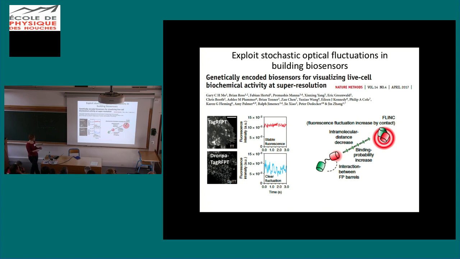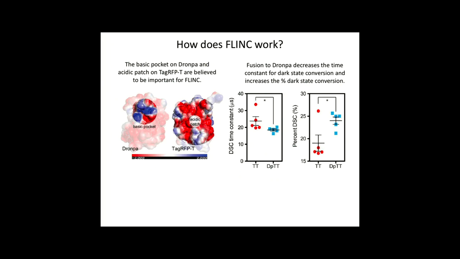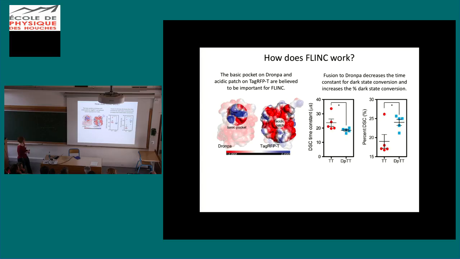So how does this happen? They postulate that there's an interaction between Dronpa and this other fluorescent protein, such that there's a basic pocket and an acidic patch here, and those both seem to be important for this proximity-induced increase in blinking.